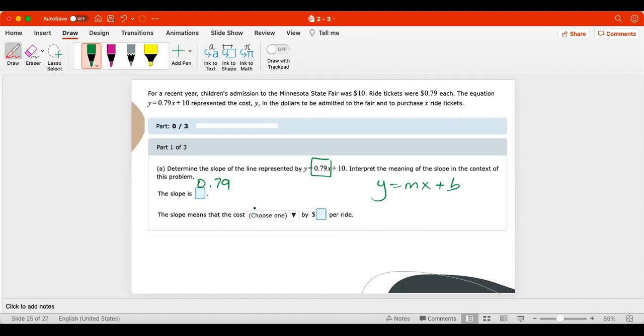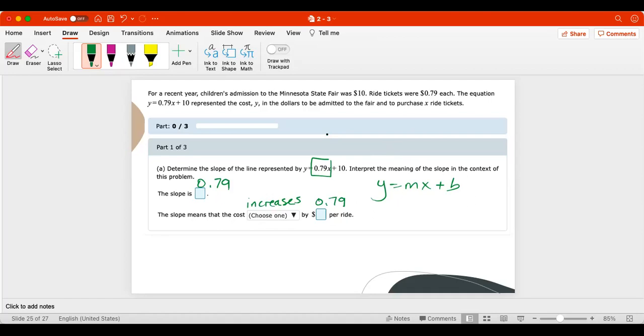The slope means that the cost increases by 79 cents per ride. Every time you get on a ride, it's going to cost 79 cents for each ride. So the units here are dollars per ride. Because you're going up 79 cents and over 1 ride.